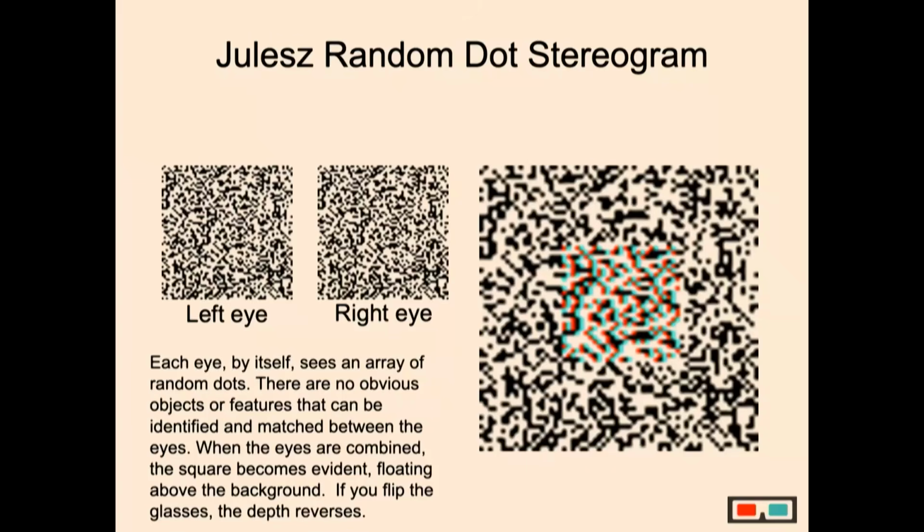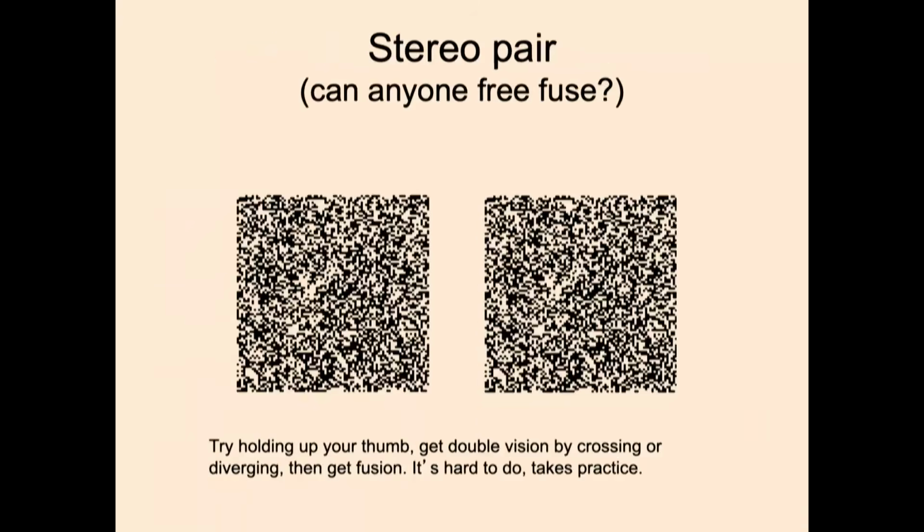Okay, so this is the random dot stereogram. You can look at this as an anaglyph. You can also look at it as a stereo pair. People who study stereo vision train themselves to free fuse. That means you train yourself so that your eyes can diverge or converge at will.